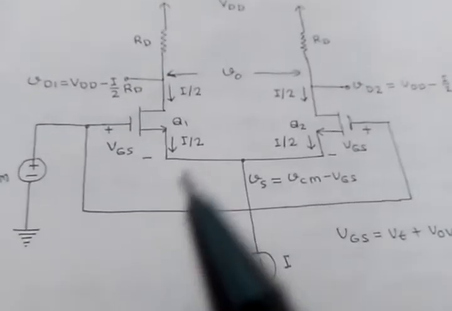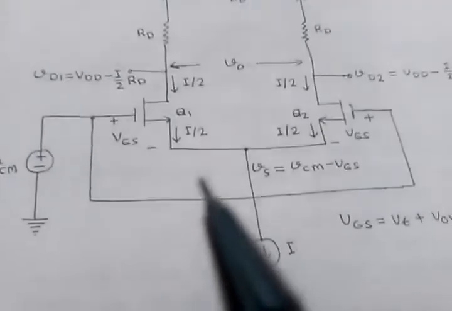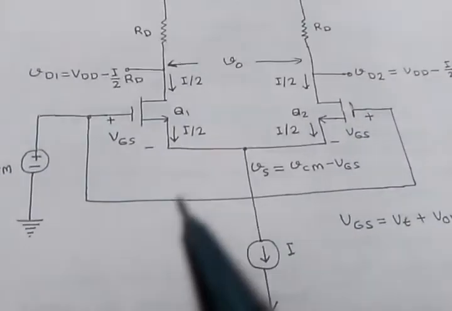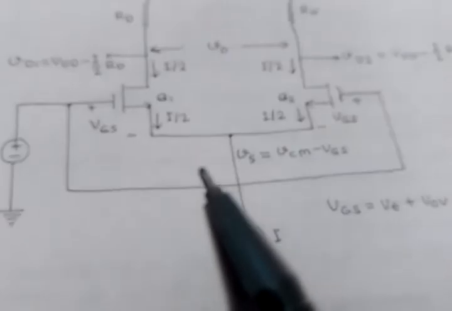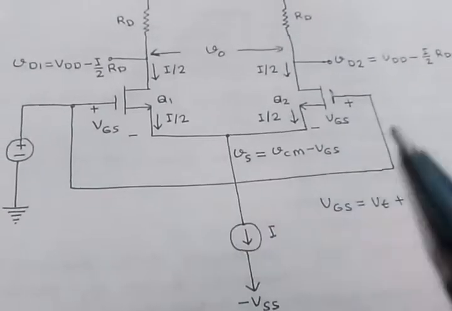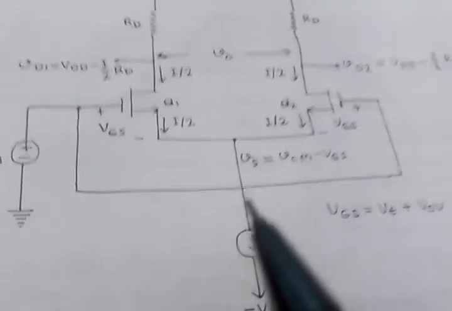It means the MOS differential pair will not respond for common mode signal. If we apply the same signal at both the input, there will be no output voltage.